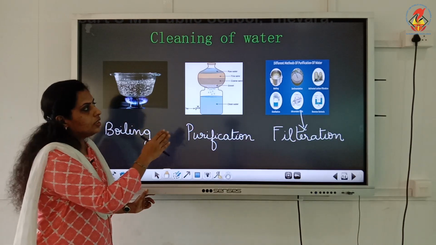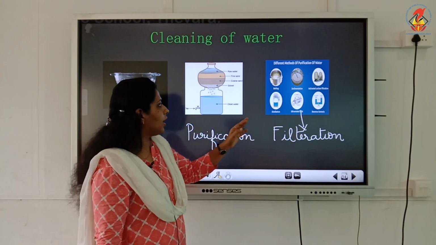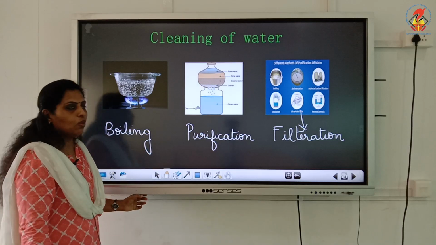So these are the different kinds of purification methods that we have. We have boiling, sedimentation, distillation, the distilled water that you get in bottles to drink. Okay, distillation and ultraviolet light filtration all come under cleaning of water.